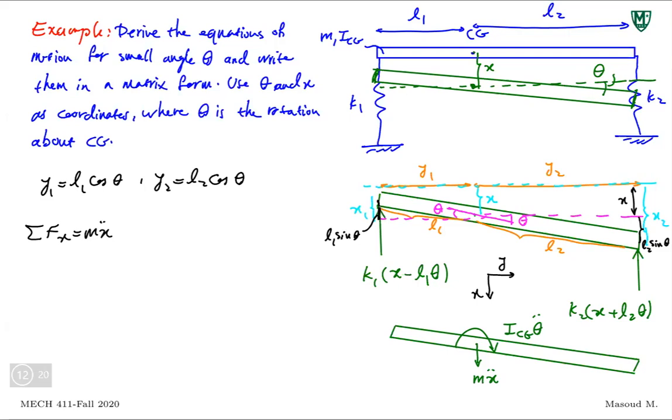What are the forces on the free body diagram? This one is upward: minus k1 times x minus L1 theta, and the other one is minus k2 times x plus L2 theta. Let's not make a mess there, so I'm going to move this a little bit to the right. L1 sine theta.